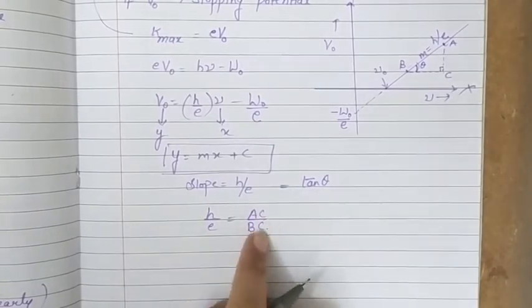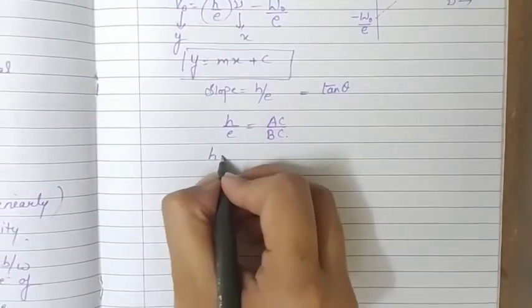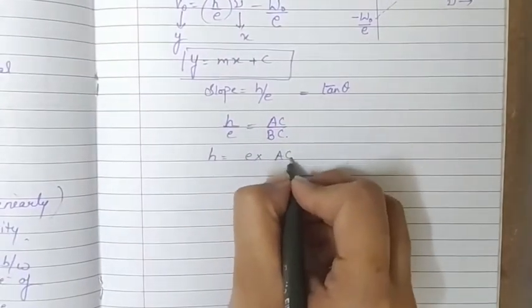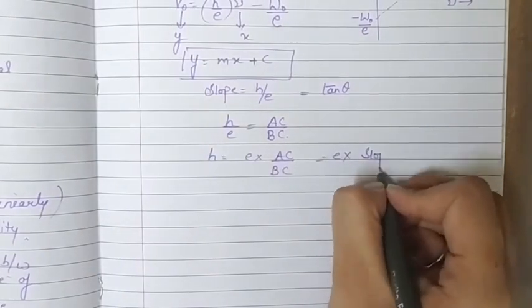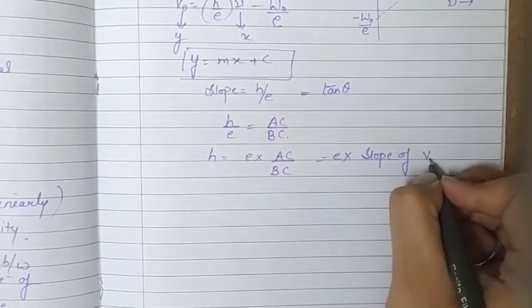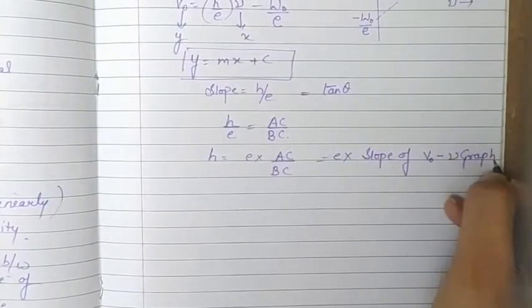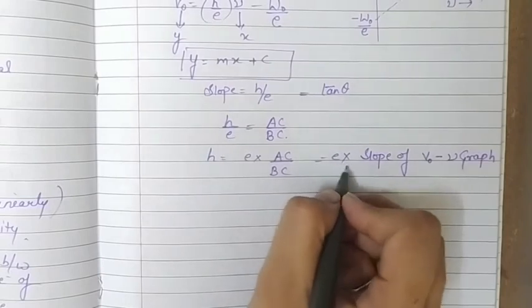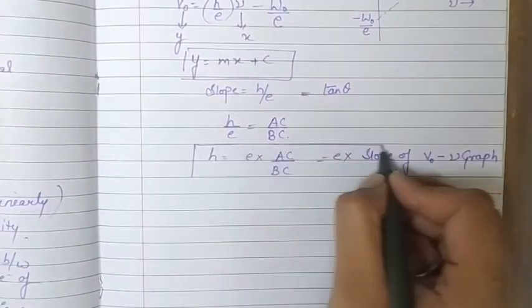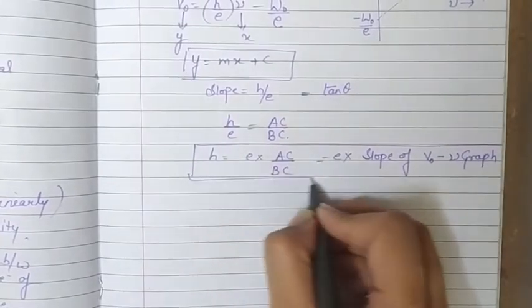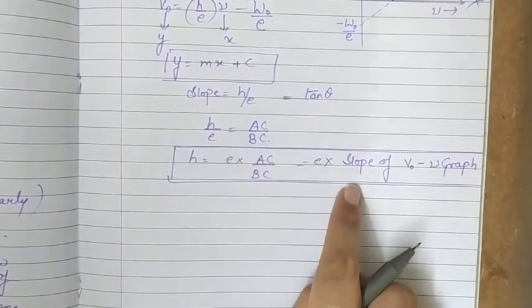So h upon e is equal to AC over BC, or we can write Planck's constant as e into AC over BC, or e into the slope of the V naught versus nu graph. If we know the slope, by multiplying that slope with e, we can find the value of Planck's constant.